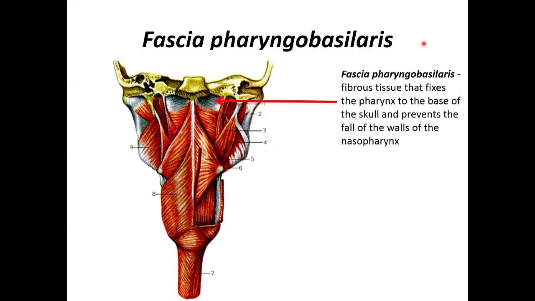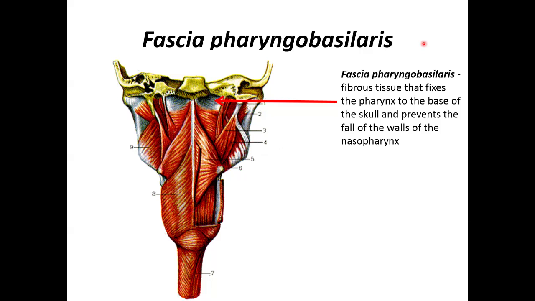Fascia pharyngo-basilaris is fibrous tissue that fixes the pharynx to the base of the skull and prevents the fall of the walls of the nasopharynx, for example, during process of sleeping.